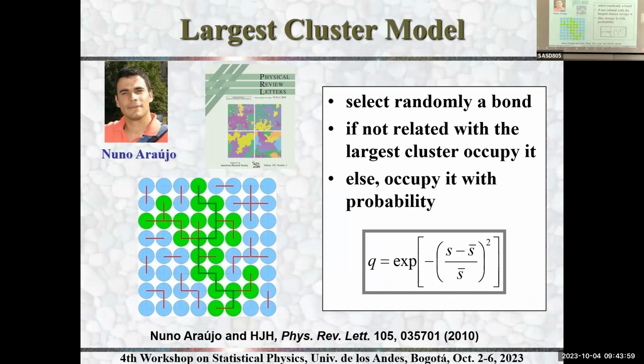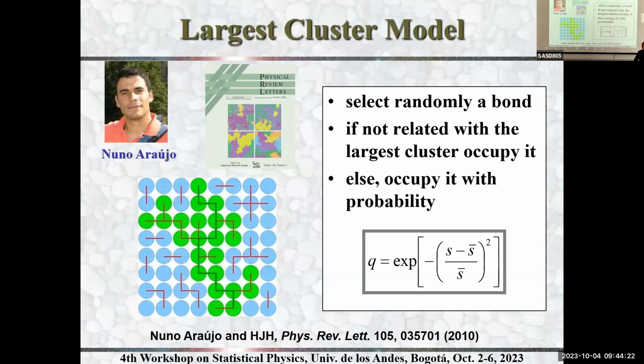new models came up in the same spirit. The idea is always the same, to suppress the largest cluster so as to delay the transition. So now here we have a model in which you select a bond randomly, like usually, and you occupy it unless it relates to the largest cluster.